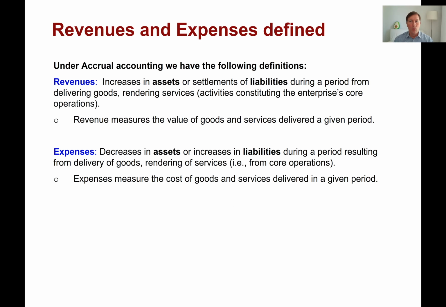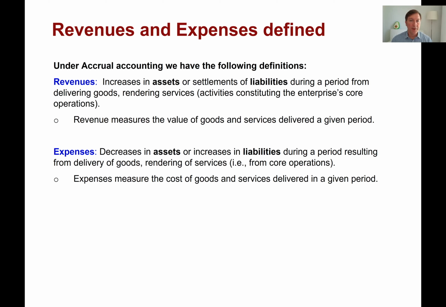Okay, so how are expenses and revenues defined under the accrual accounting basis? Revenues are defined as increases in assets or reductions in liabilities during a period of time in connection with delivering goods and providing services, right? So basically, when our operations generate assets or they reduce liabilities as a result of delivering goods and services, that's how we think of revenue.